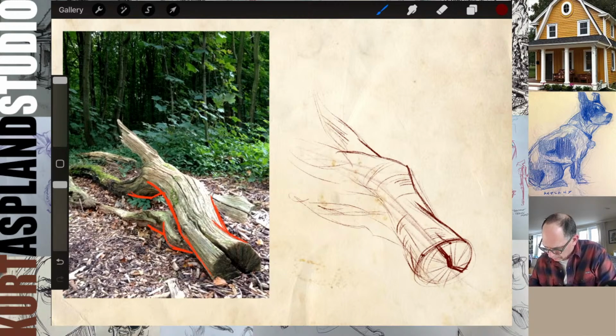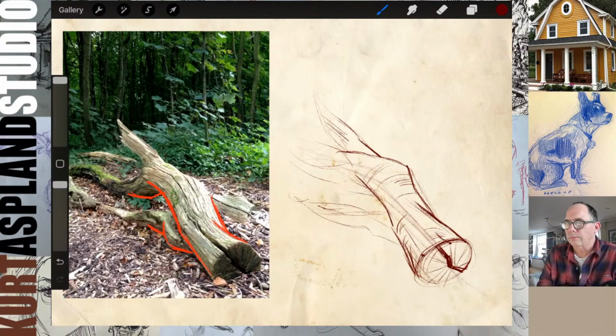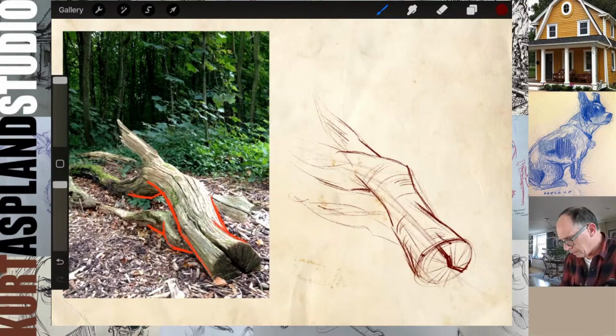All right, let's come back to the bottom here, and if I go too fast, please tell me to slow down. There is that overlap of that under area coming down like this, and then this area, the very back end of this tree, it's kind of hollow, like this, and you could see that this over time has collected.